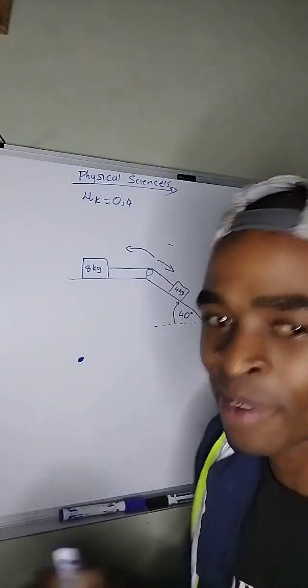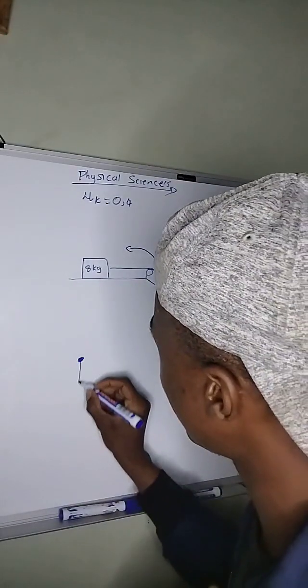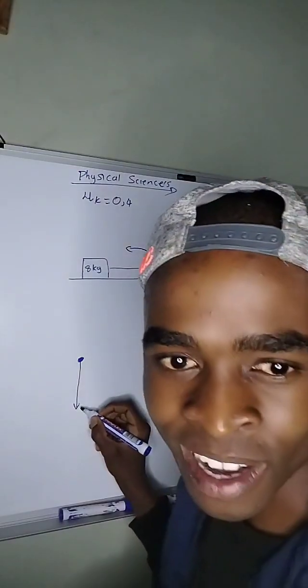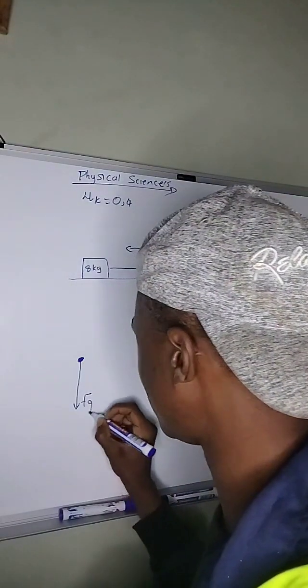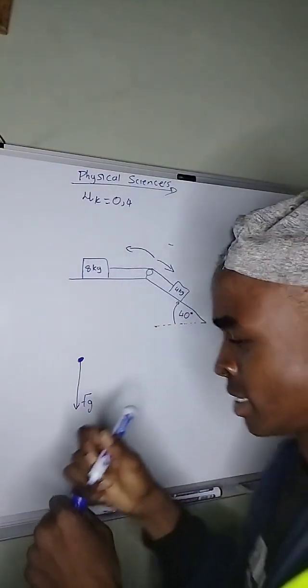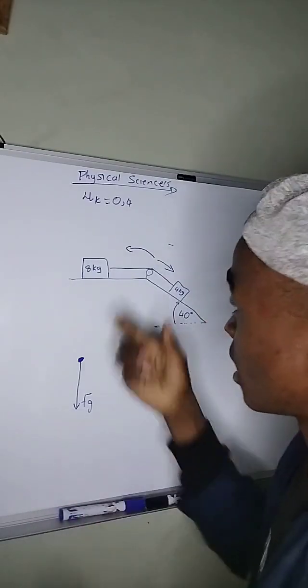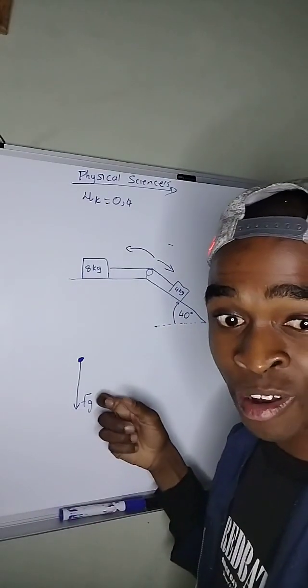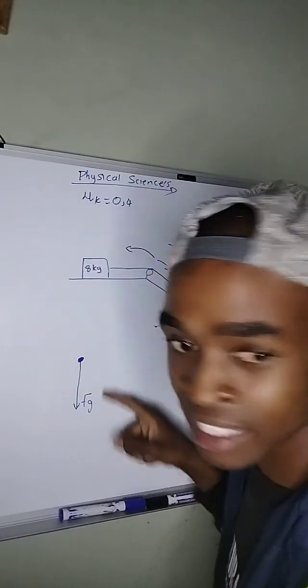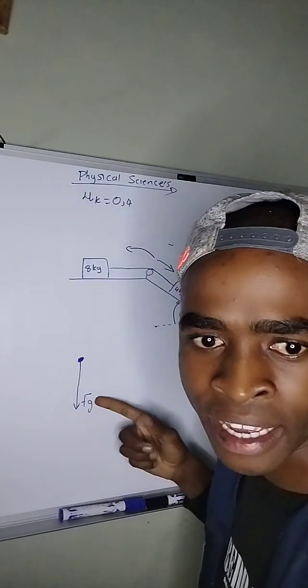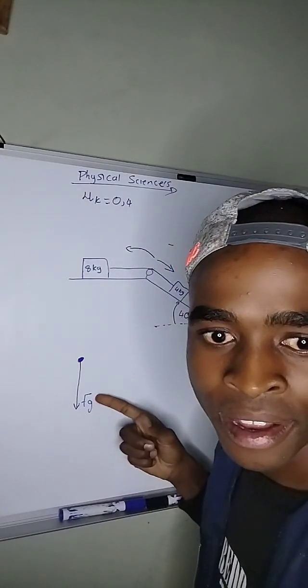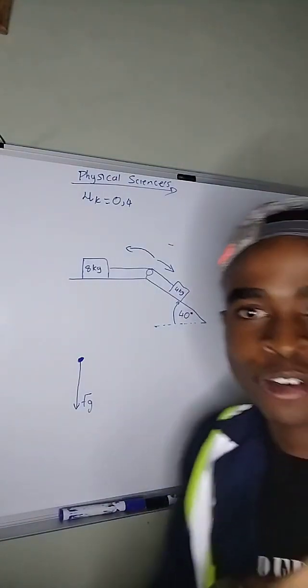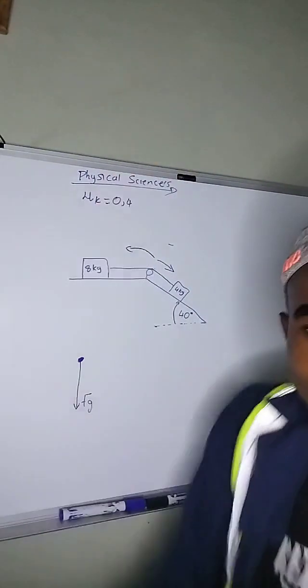Yeah, we have FG. Now, is this the only force that we will have? What is the resistive force for this object? Yeah, it's going to be the normal force. Up, down, up.